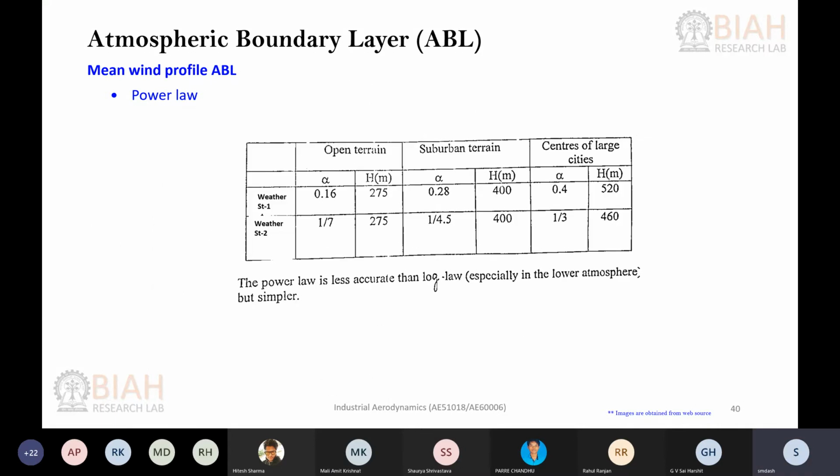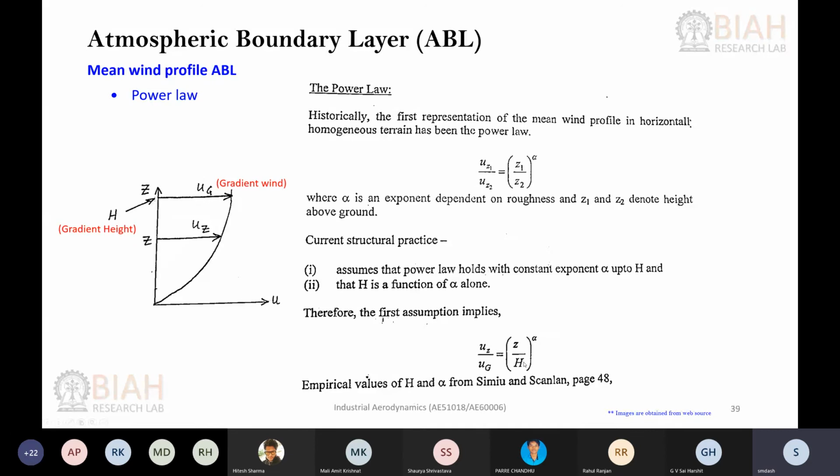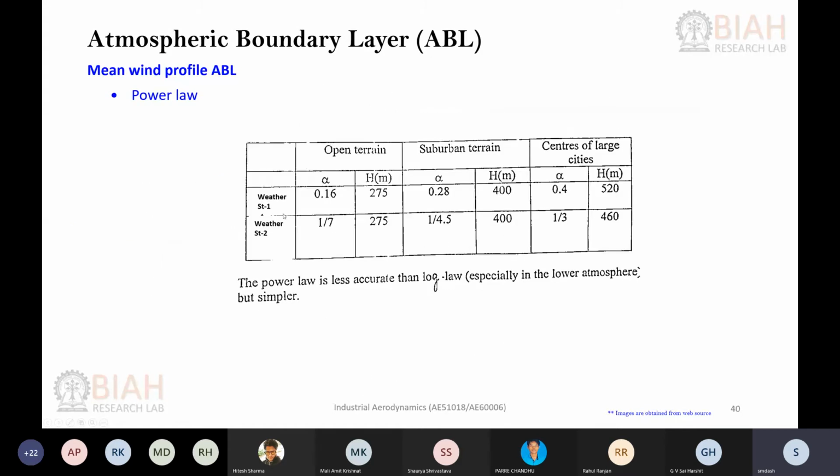So here two things are experimentally obtained, alpha and h. h is your gradient height and alpha is your exponent. So for different weather stations, I have represented the data here for two different weather stations. So alpha can be like these values for open terrain condition.